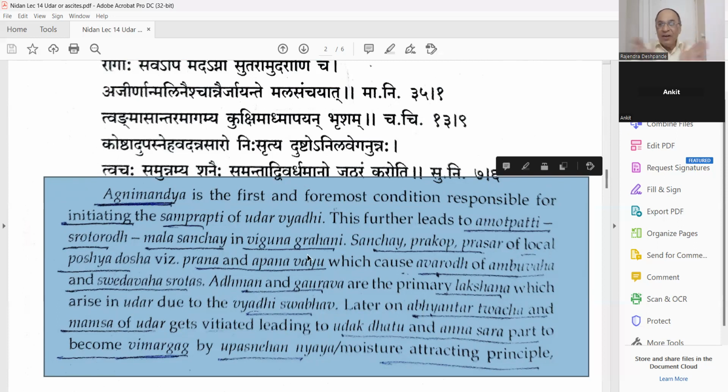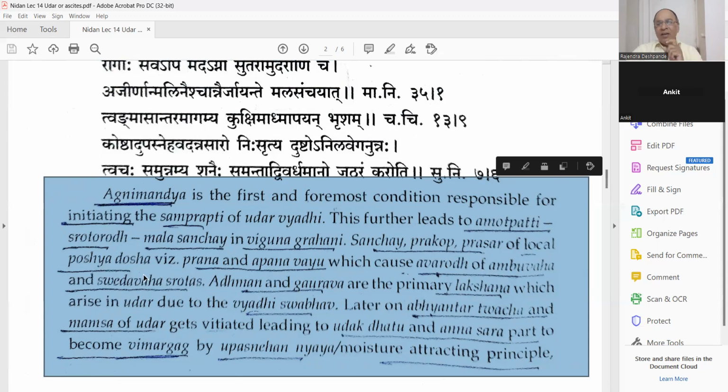That means it will be diverted to unwanted channels. Anuloma Gati will not be there. Proper stools, proper urine will not be there. And the whole pathophysiology will occur in the abdomen. Sanchaya Prakopa Prasara of local Poshya Dosha. Final products like pranavayu problem, apanavayu problem, then avarodh, obstruction of ambu, ambu means water, and svedavah srotasa.